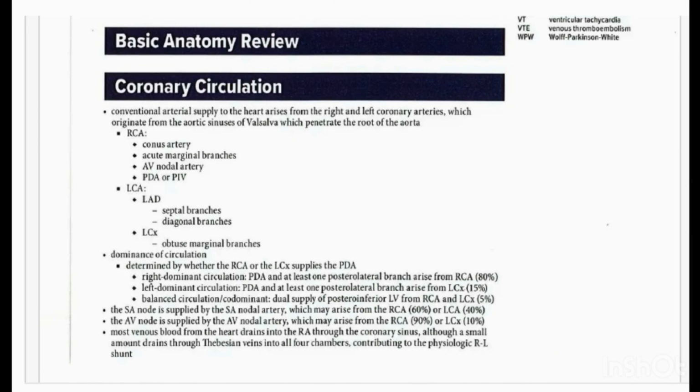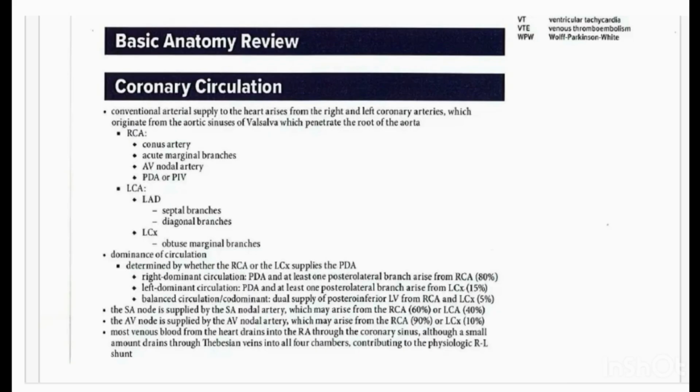First is the left anterior descending or LAD, which further gives us septal and diagonal branches. The second major branch is the left circumflex or LCX, which gives rise to the obtuse marginal branches.